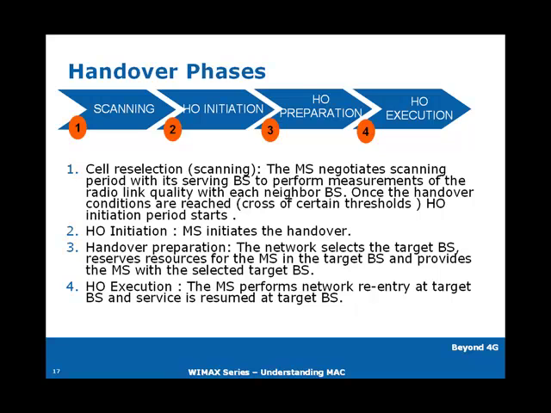During handover execution to a target base station, whatever data was scheduled to go to the mobile station would be buffered in the ASN gateway, and once the handover is completed, the data would be forwarded to the mobile station.